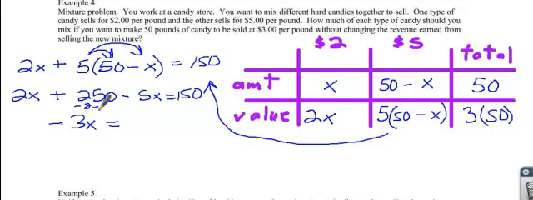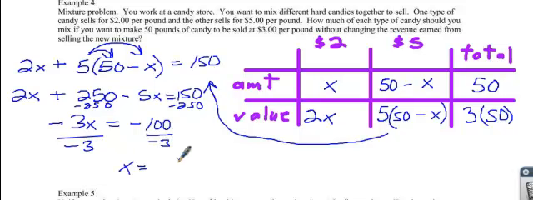And then if I subtract 250 from both sides, I get negative 100. And then divide by negative 3, I get x equals 33.3 repeating.